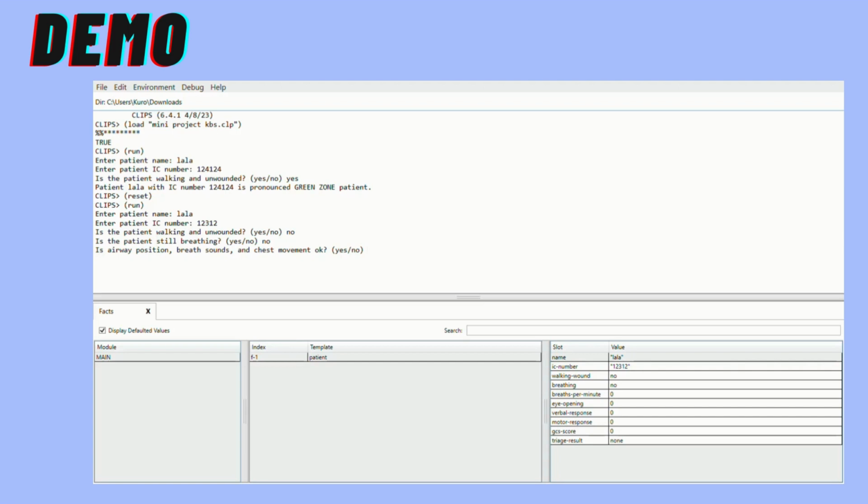We say no. Can the airway be repositioned? We check if breath sound and chest movement are okay. We say no. So this will declare that the patient is dead because all our answers are no.